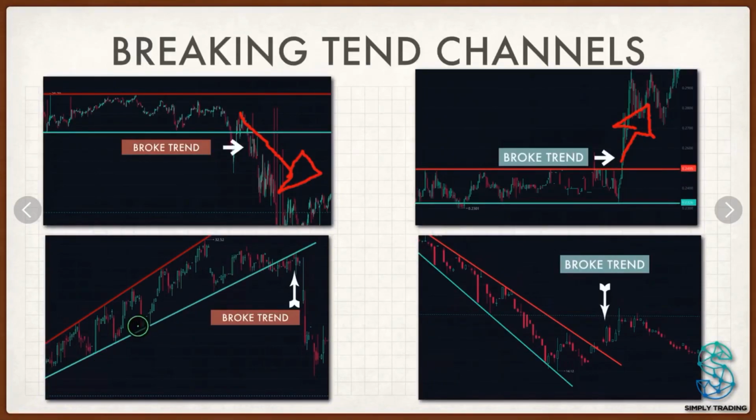Now in this trending market, we can see that this breaks our support line here and it starts moving downwards. So we went from a bullish market to a bearish market. Now right here we have the opposite of that. This is a bearish trending market. We can see it broke our resistance line right about here and confirmed a new trend.